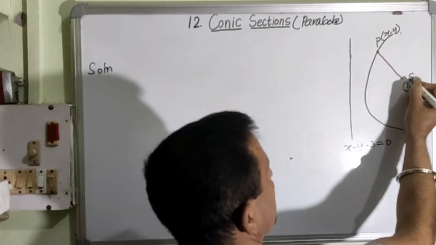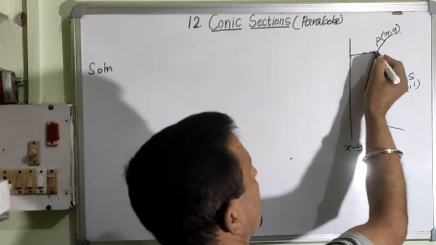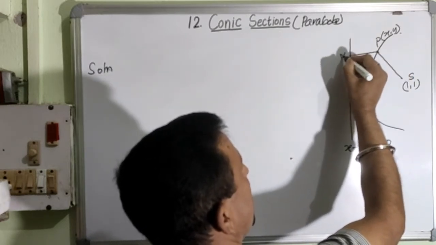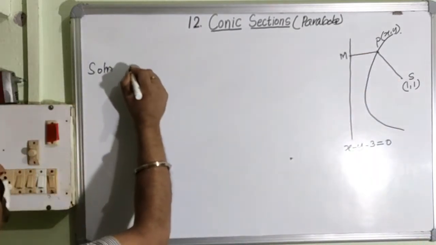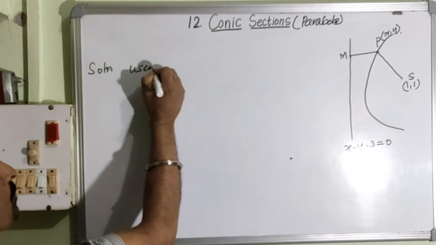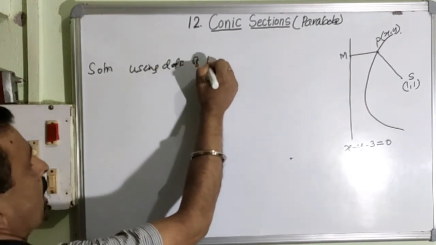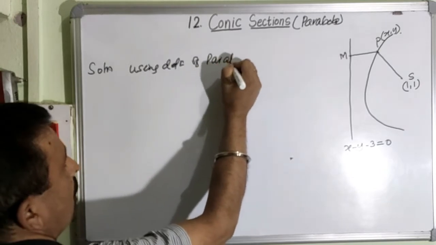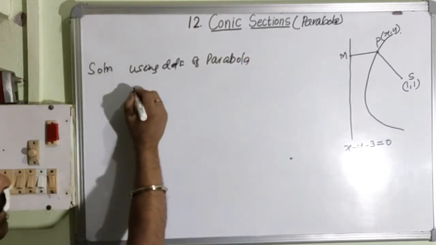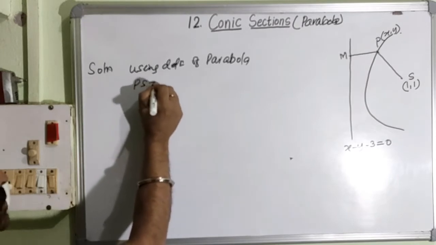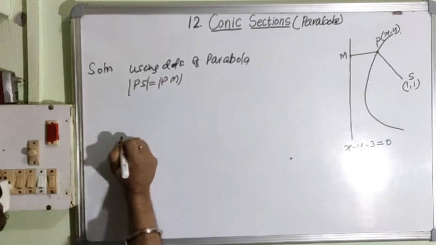This focus is named as S, and then from P we can draw a perpendicular on the directrix and mark this point as M. Now, using the definition of parabola, we can write PS is equal to PM, mod of PS is equal to mod of PM.